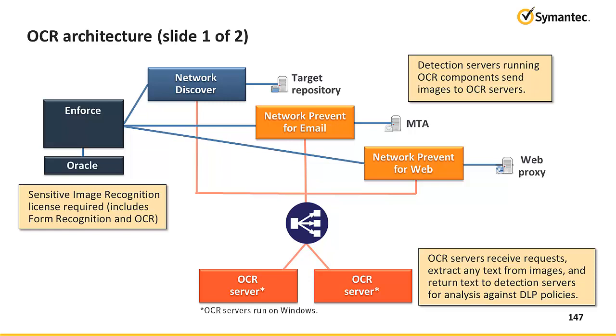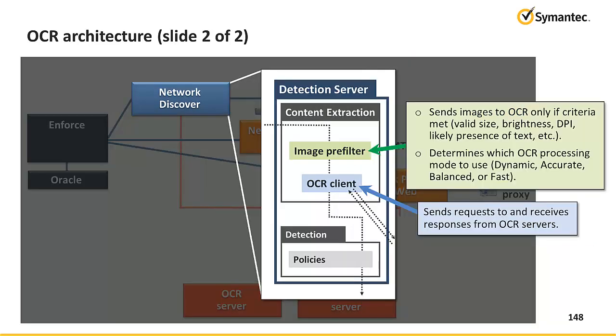OCR servers, which must run on Windows, receive OCR requests, extract any text from images, and return the text to the detection servers for analysis against your DLP policies. When a DLP detection server is configured to work with OCR, several components are enabled on the server.